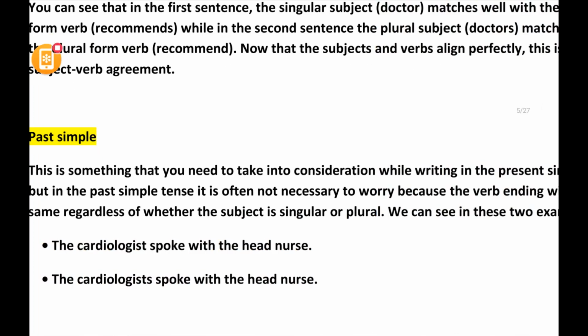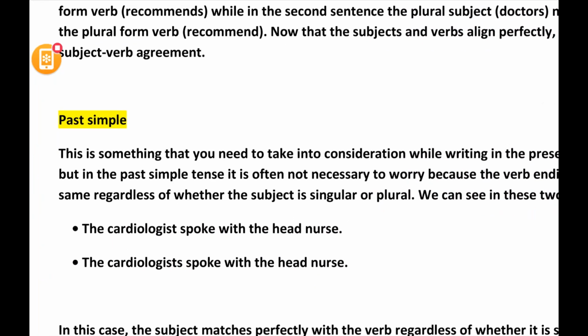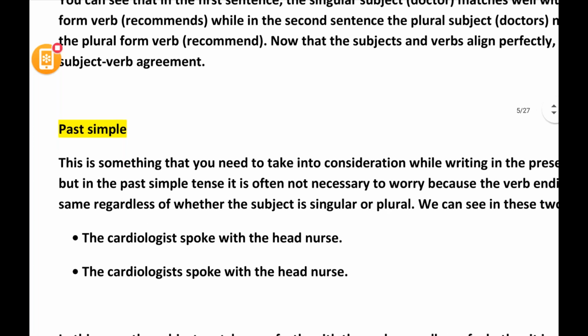Is this sentence right or wrong? Come on, quickly. The first one is right, or the second one is right? Both are correct, ma'am.